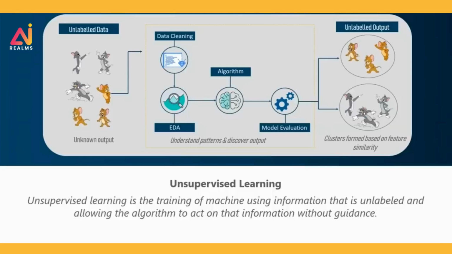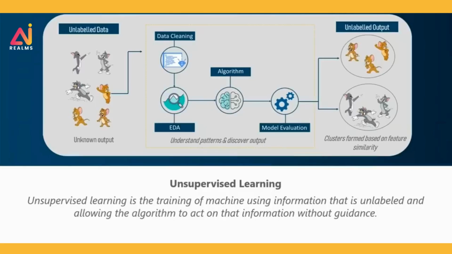So think of unsupervised learning as a smart kid that learns without any guidance. Okay. In this type of machine learning, the model is not fed with any labeled data, as in, the model has no clue that this is the image of Tom and this is Jerry, right? It figures out patterns and the differences between Tom and Jerry on its own by taking in tons and tons of data.